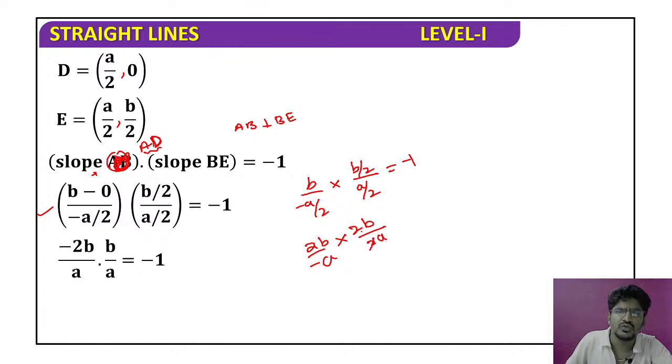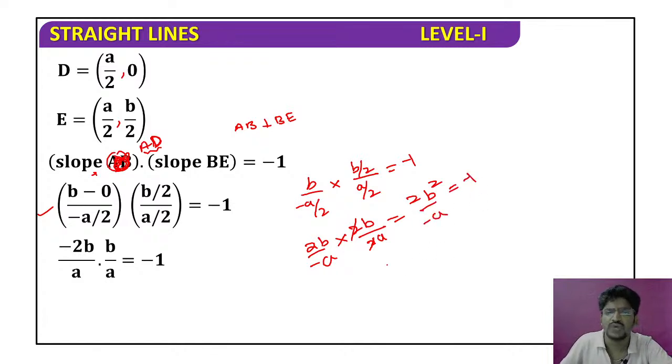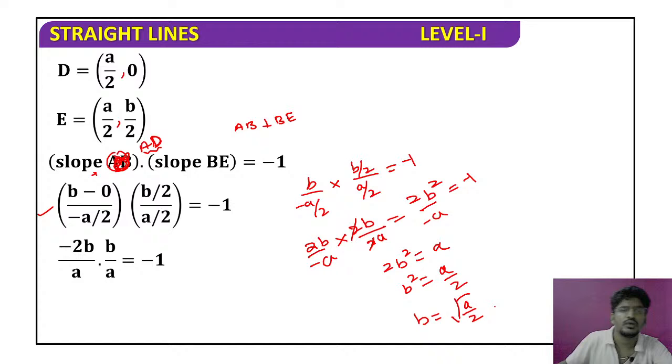So here 2 will get cancelled, b into b will be b square. So 2b square divided by minus a equal to -1. Therefore 2b square equal to plus a. Therefore b square equal to a by 2, b equal to root of a by 2.